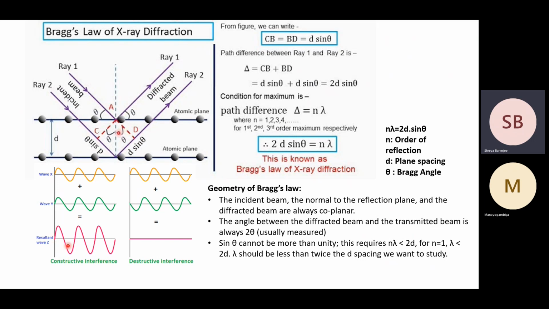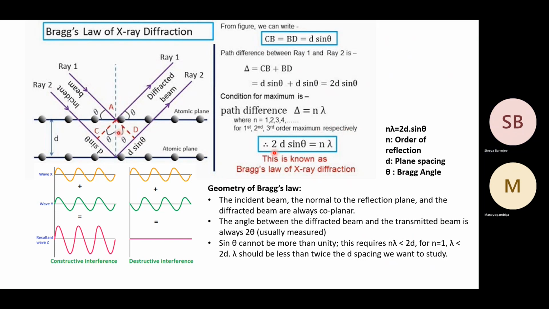And you need larger amplitudes because you know that the intensity is the amplitude squared. So you want constructive interference so that you get a high intensity diffraction pattern. And for constructive interference, you need this criteria to be true.